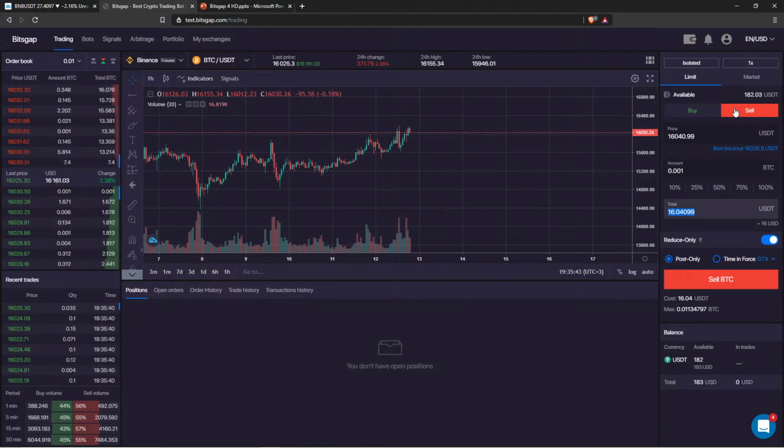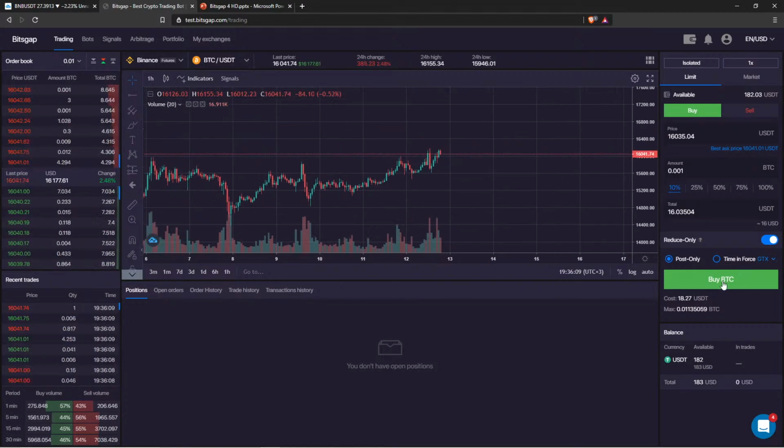Yeah, $16 in it. Well, actually I can change it to, I think the minimum is $10 or something. Let's use 11. Post only, buy. Okay, once again, 10%. Let's use $10. Okay, so with the leverage of 1x, I can now buy Bitcoin.